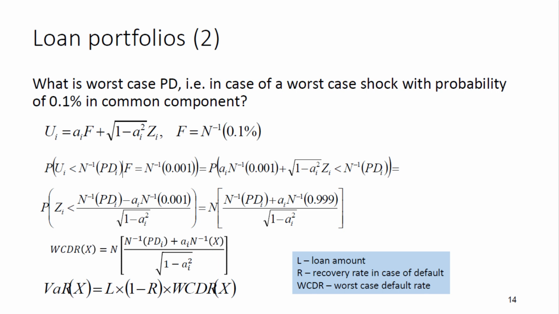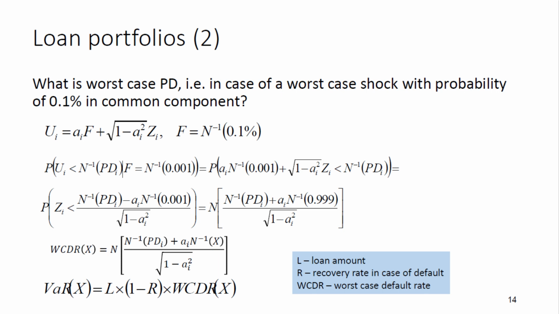Then the only source of uncertainty remaining, the only random variable remaining in this expression, is Z_i. So I bring that to the left-hand side and all the other variables to the right-hand side, which means I need to bring A_i times the normal inverse to the right-hand side, and then divide by the square root of 1 minus A_i squared.